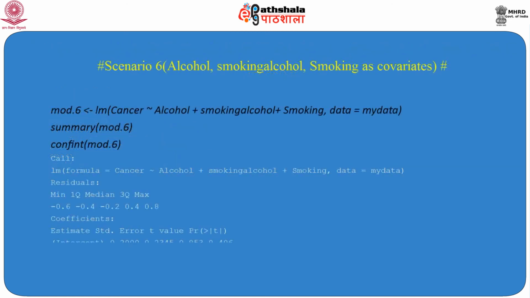Now we will go for scenario 6, where another combination, alcohol and smoking, is considered separately, and summary of mod.6 is used to get the summary results. As a result we can see the multiple R square is 0.1111.